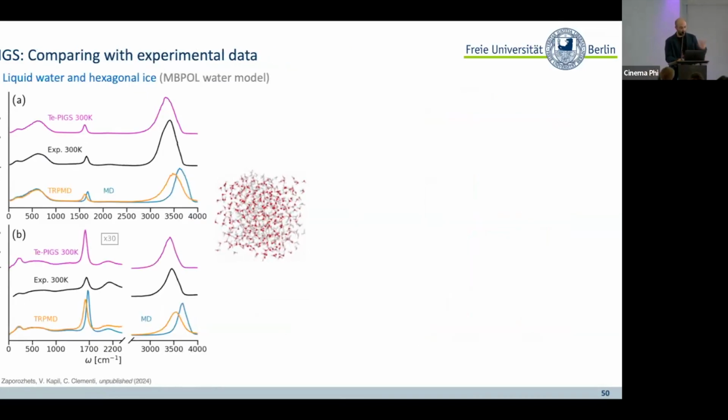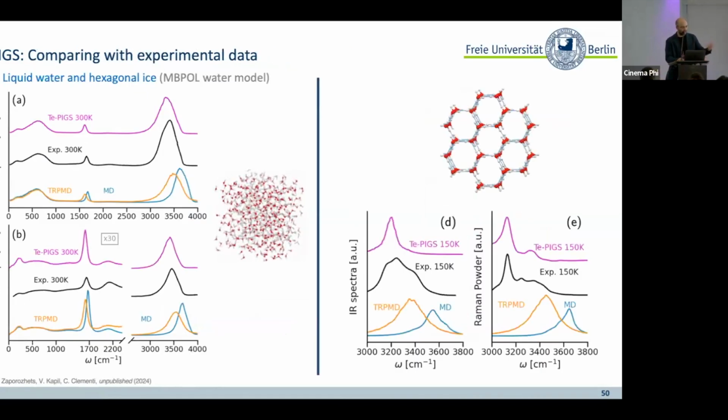The same also if we look at bulk water and hexagonal ice results, we can still get the correct peak for the infrared spectrum and also Raman as well as anisotropic information.